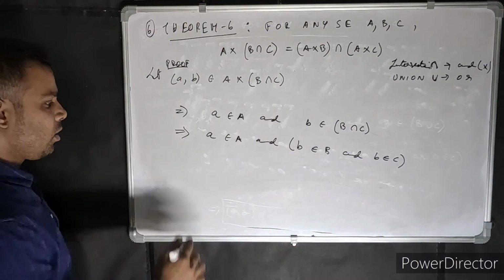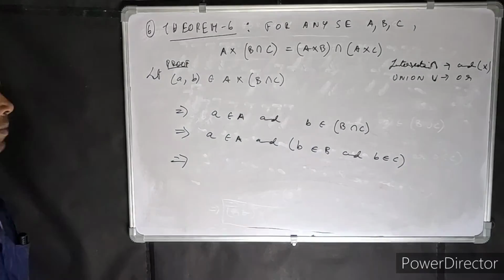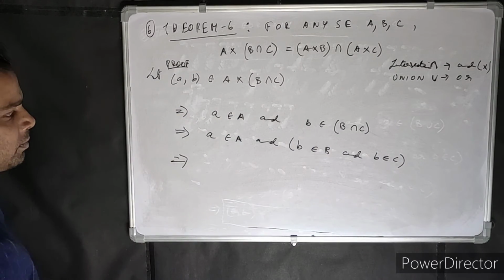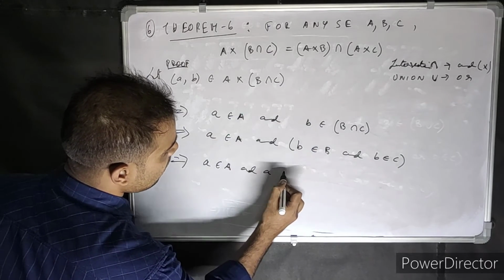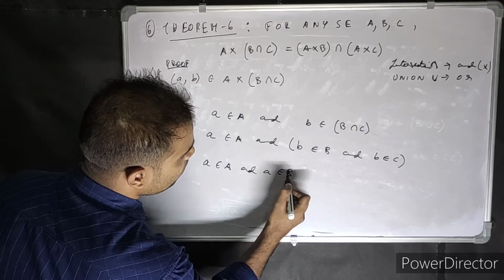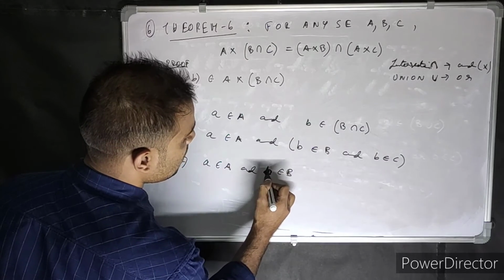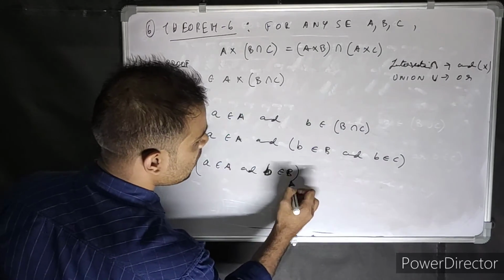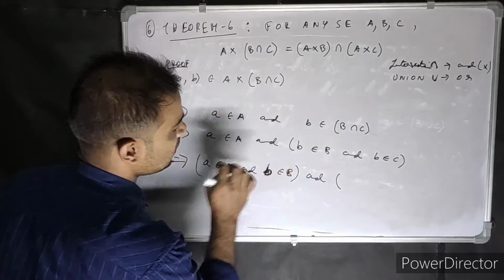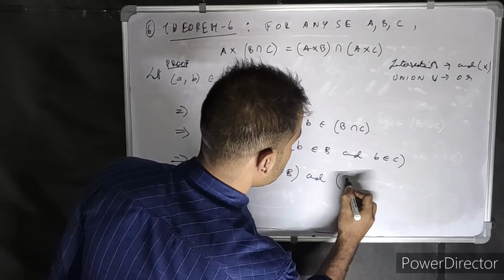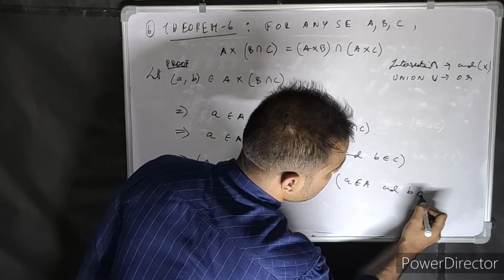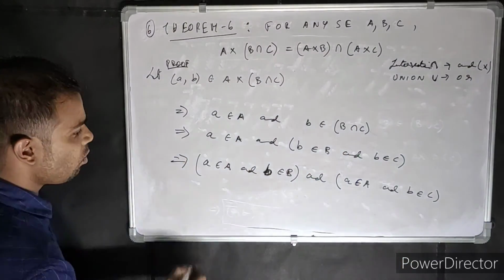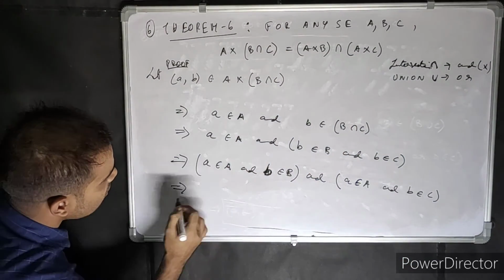So now you can write a belongs to A and b belongs to B. Small one, this one here. Put an and over here. There's an and here also. So a belongs to A and b belongs to C. So now this and changes to cross.